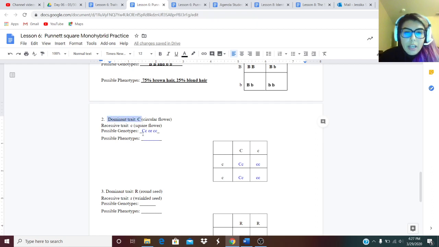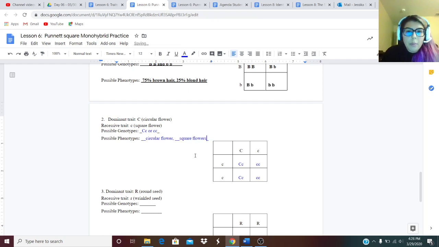So because I have one capital letter here, I know that one of the traits is going to be a circular flower. Okay? And then I have little c, or homozygous recessive. And remember, in order to be recessive, we have to have both of the alleles be recessive, or lowercase. So I know for sure I'm going to have square flowers as well.